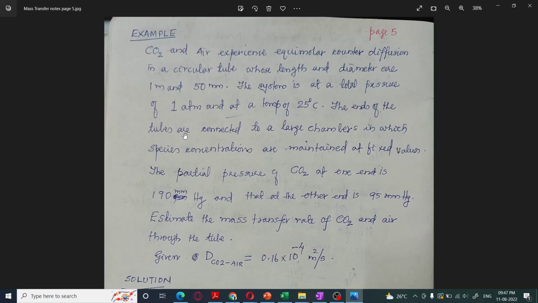The ends of the tube are connected to large chambers in which the species concentrations are maintained at fixed values. The partial pressure of carbon dioxide at one end is 190 millimeters of mercury, and at the other end is 95 millimeters of mercury. Remember, 760 millimeters of mercury is 1 atmospheric pressure. Estimate the mass transfer rate of carbon dioxide and air through the tube.